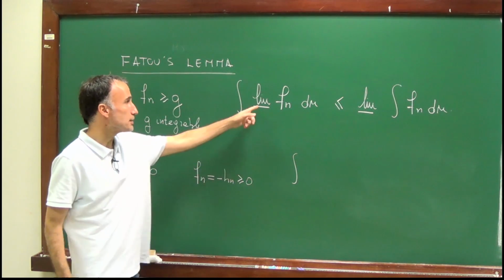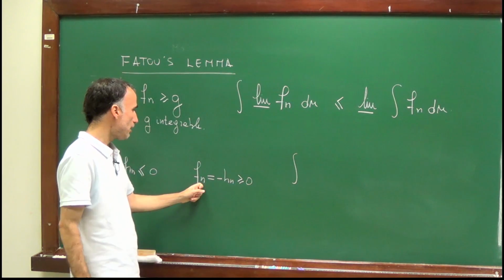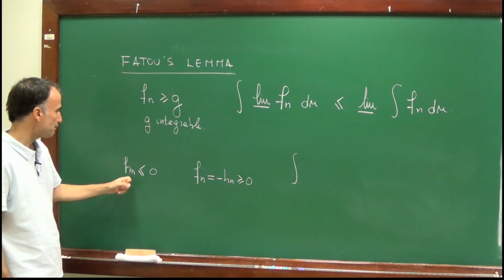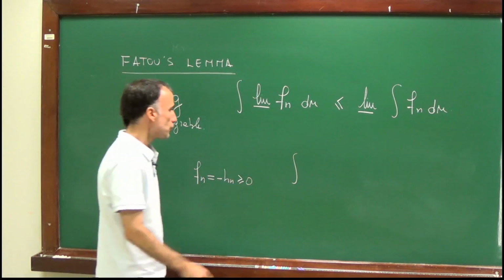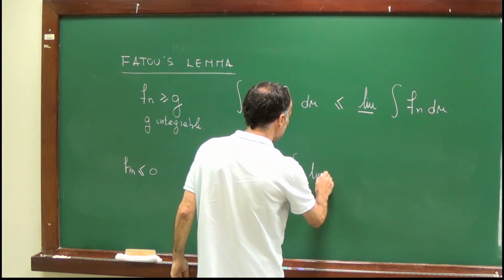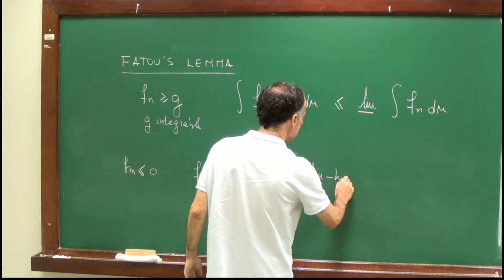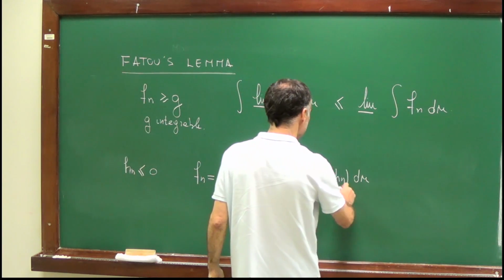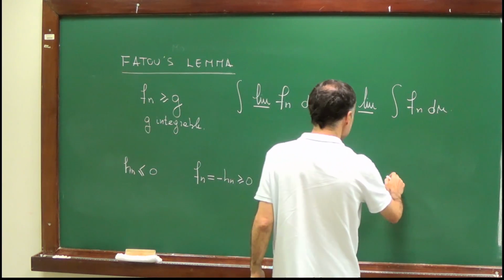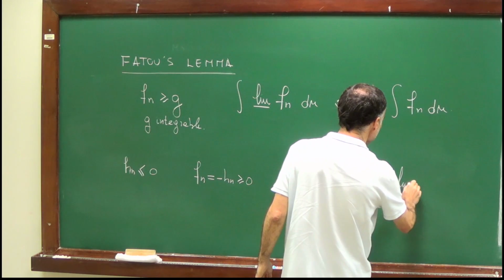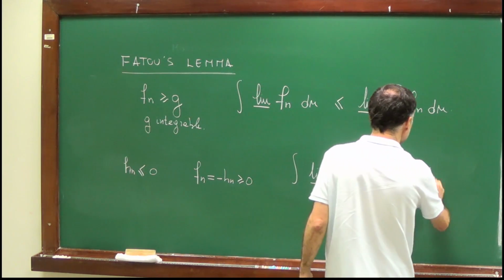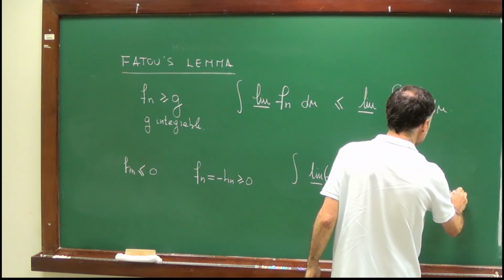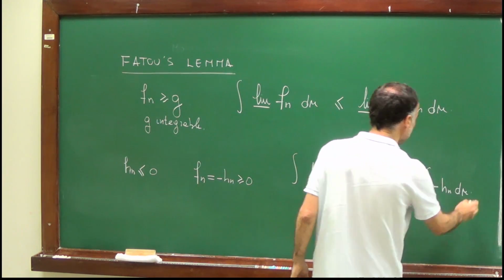So I'm just replacing in this statement fn by minus hn. So the integral of the limit inf of minus hn d mu is less or equal than the limit inf of the integral of minus hn d mu.